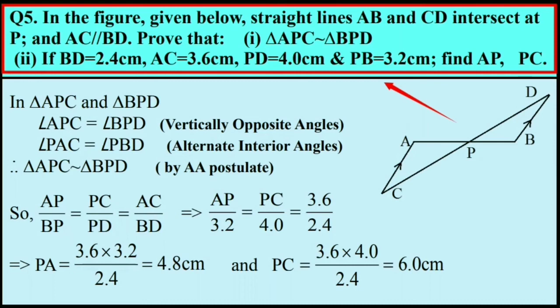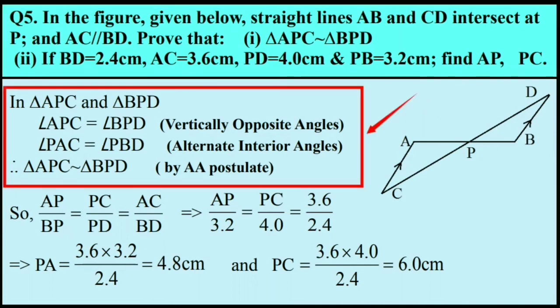And next, if BD, AC, PD and PB are given, find the length of AP and PC. The first block towards solution is to prove triangle APC similar to triangle BPD.